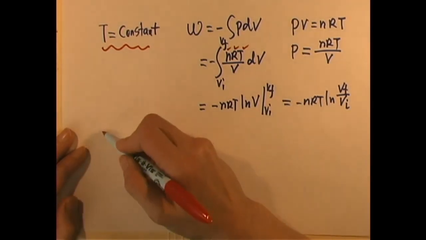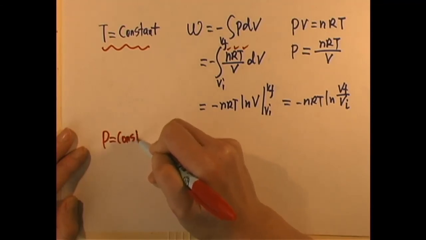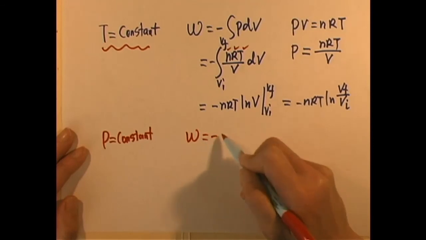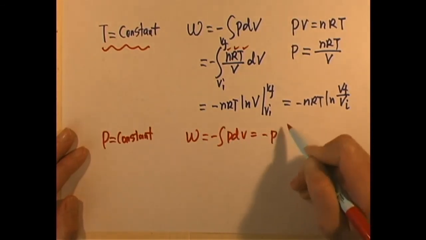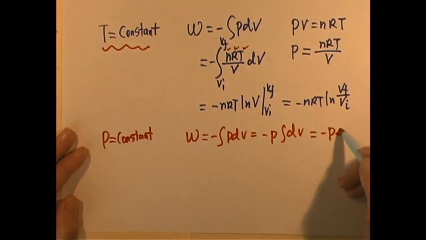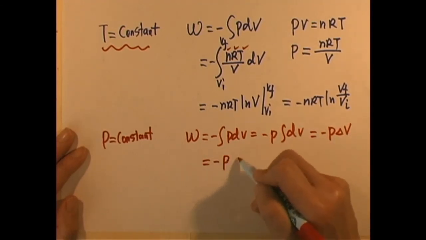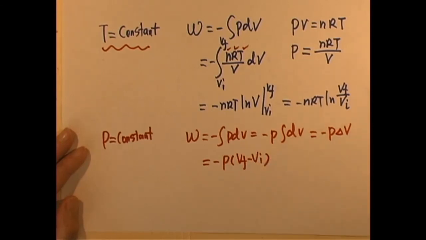Now, if pressure is constant, then it is a very easy case, because work done equals negative integral of P dV. Pressure is constant, you can take the pressure out, and the integral of dV is simply delta V. So the result is, because pressure is constant, delta V is V final minus V initial, just like that.